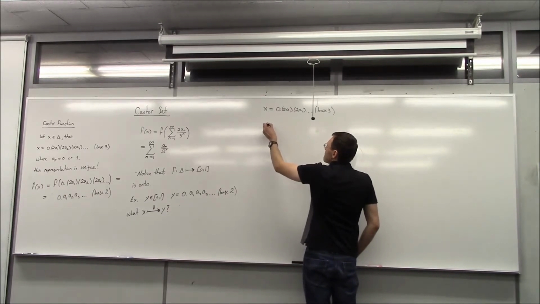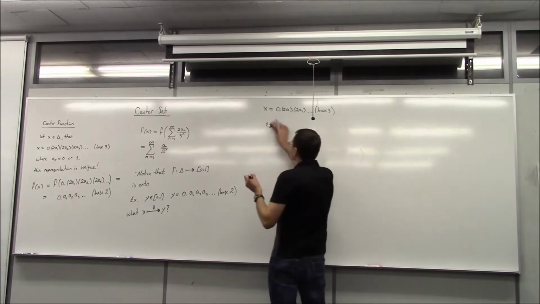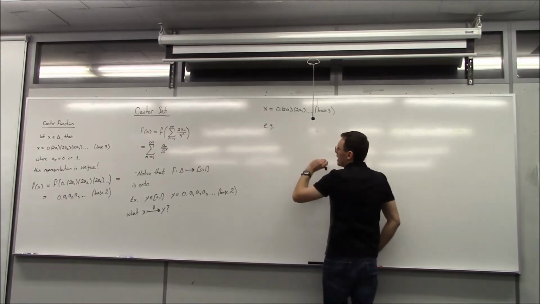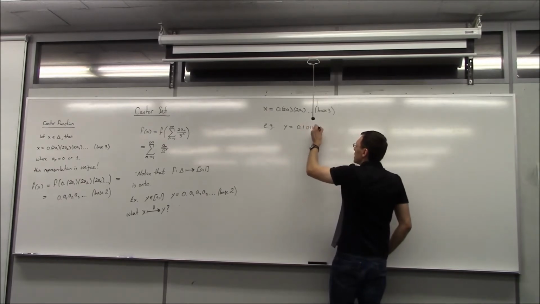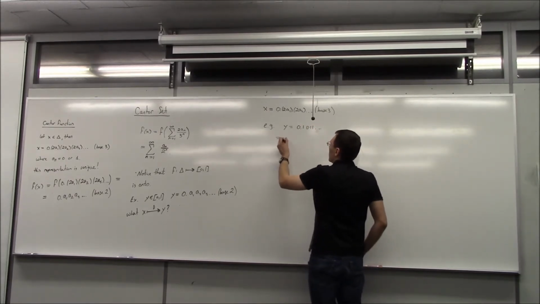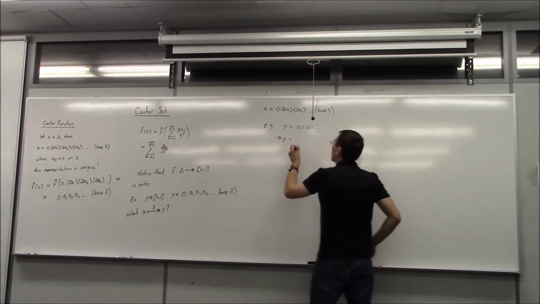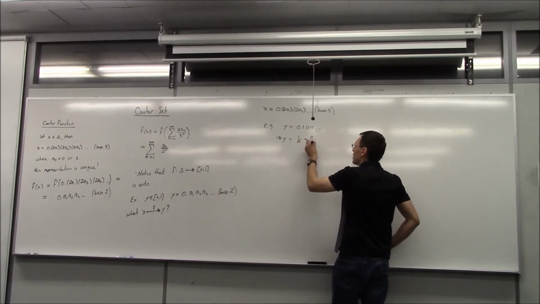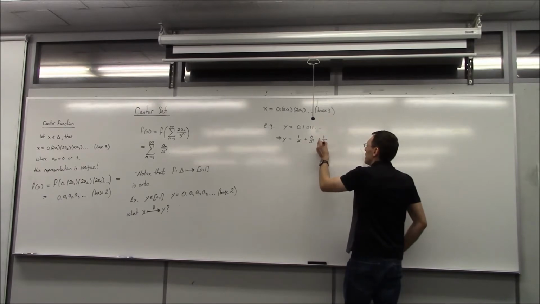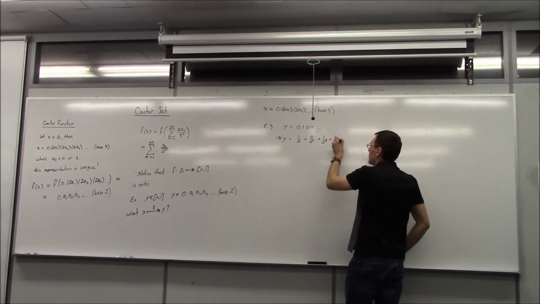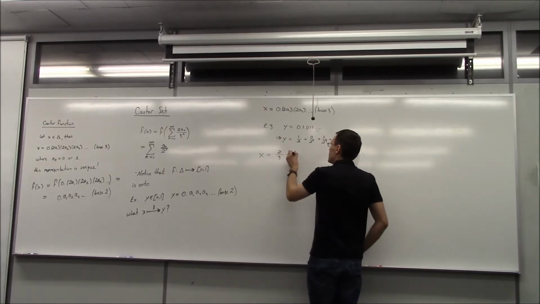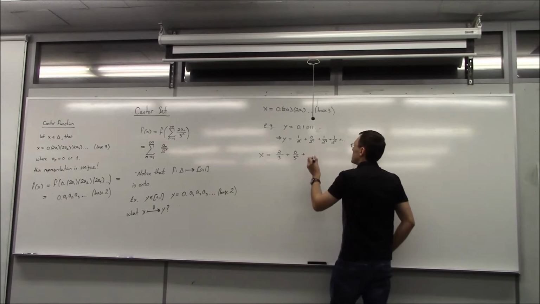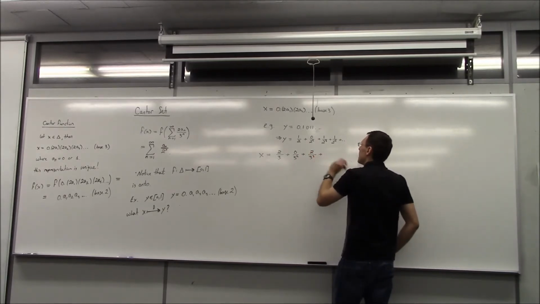So what I'm saying is that if I take y to equal, for example, 0.1011, etc., then that's the same as saying that y is equal to 1 over 2 plus 0 over 2 squared plus 1 over 2 cubed plus 1 over 2 to the 4th, etc. And what x is carried, so I can take x equal to 2 over 3 plus 0 over 3 squared plus 2 over 3 cubed plus 2 over 3 to the 4th power and onwards.